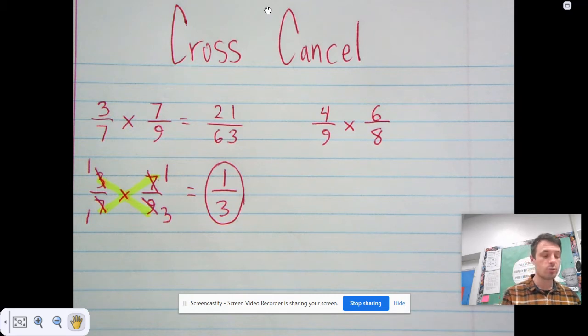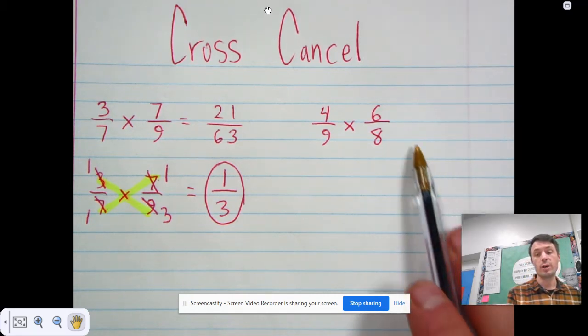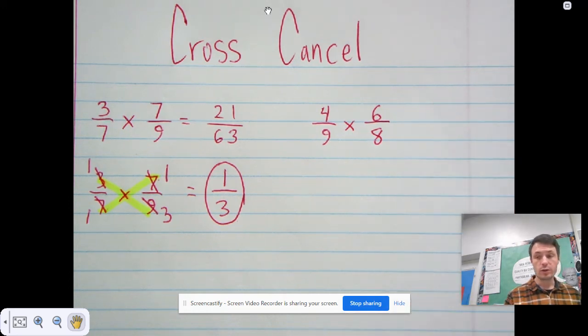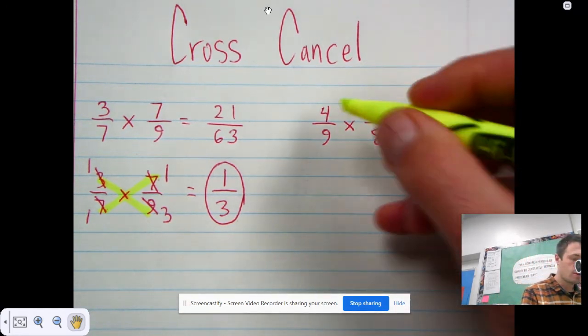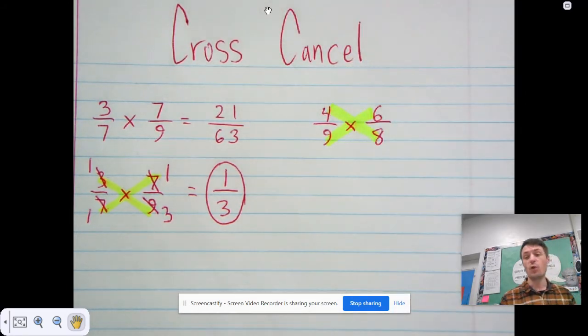Like if we did this without simplifying first, we'd have pretty big numbers for our numerator and our denominator. It would be like 24 over 72, and that would be kind of hard to simplify. So an easier way to do it is to simplify from the 9 to the 6 and the 4 to the 8 before you even multiply anything.